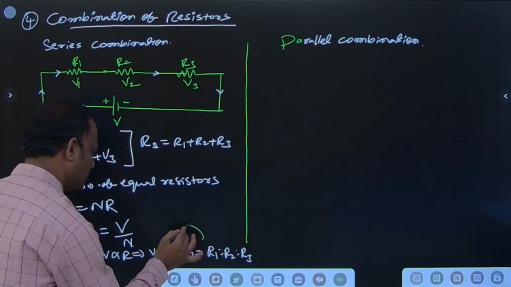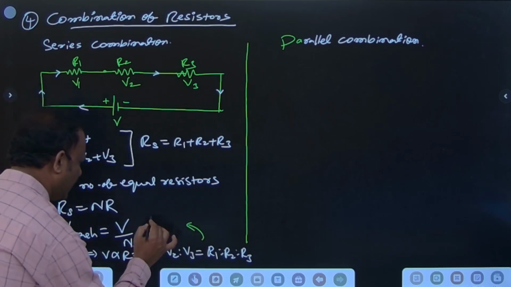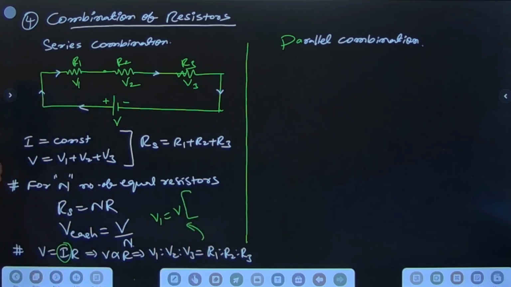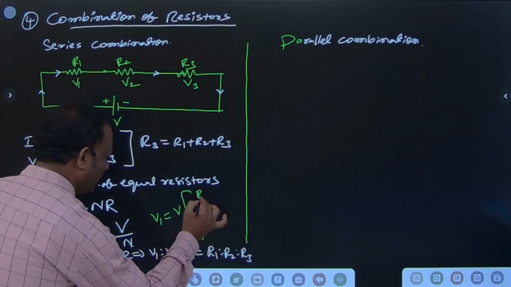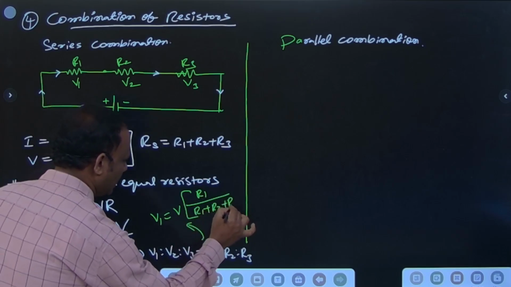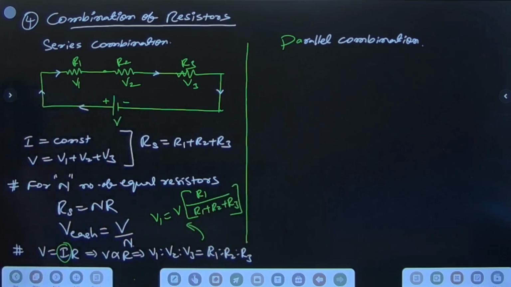Similarly, V1 is equal to V times R1 by R1 plus R2 plus R3. Similarly, V2 and V3 we can also write.